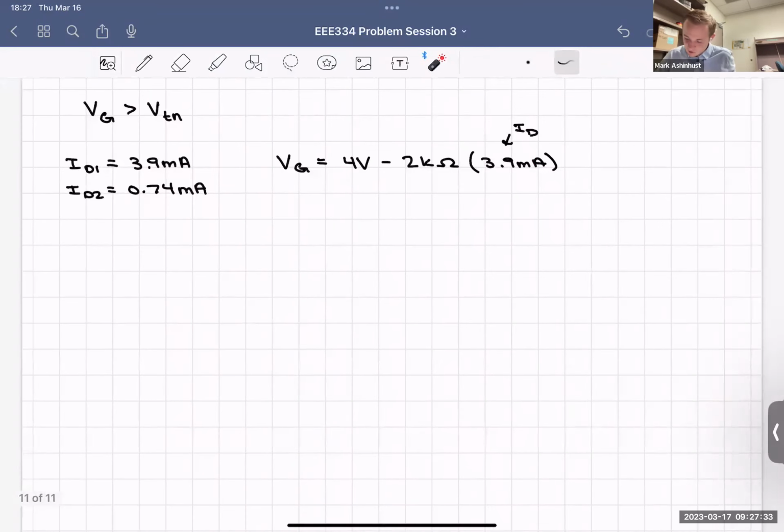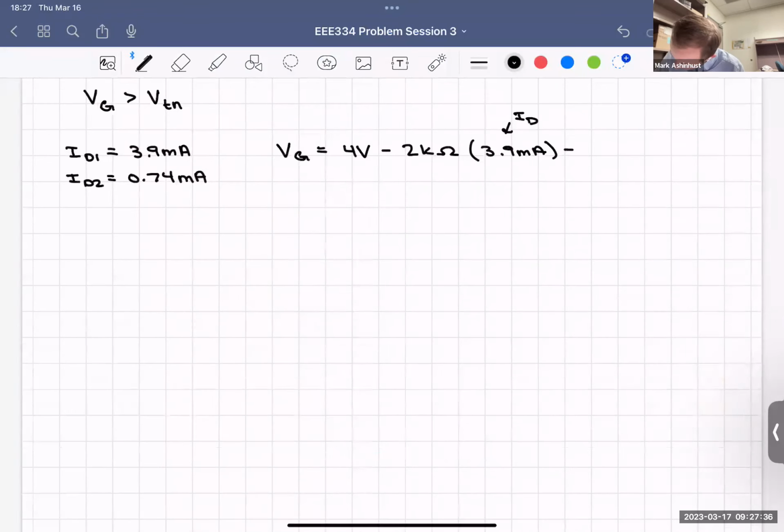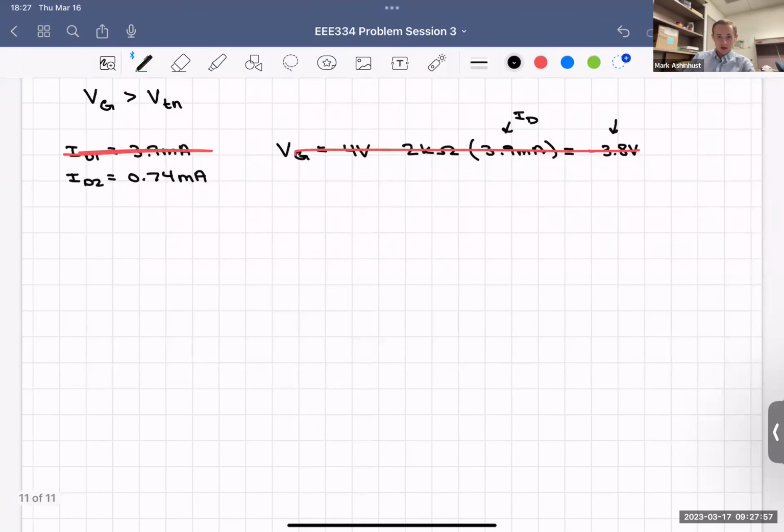So that's what I'm using on this page. Doing that, we end up getting negative 3.8 volts. Negative 3.8 is not greater than 0.6. It's much less than 0.6, which means ID1 is not good.